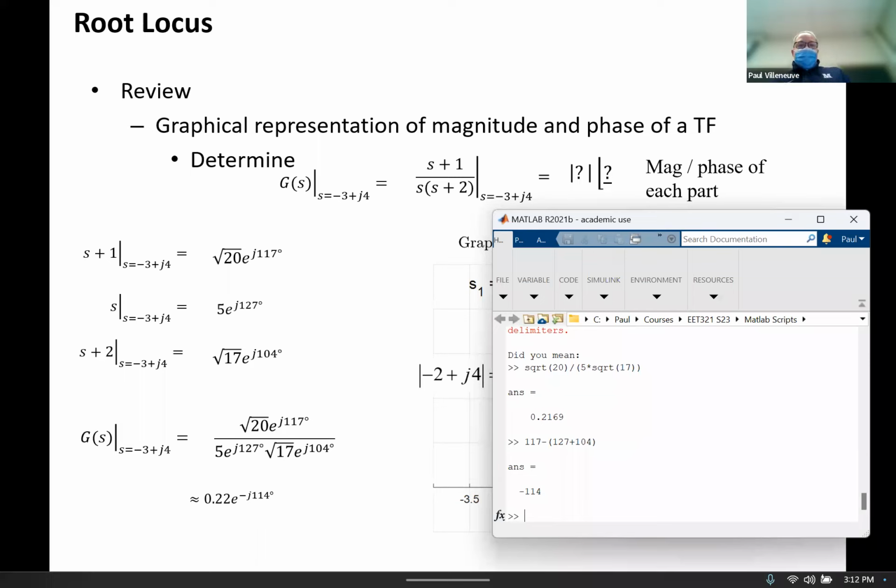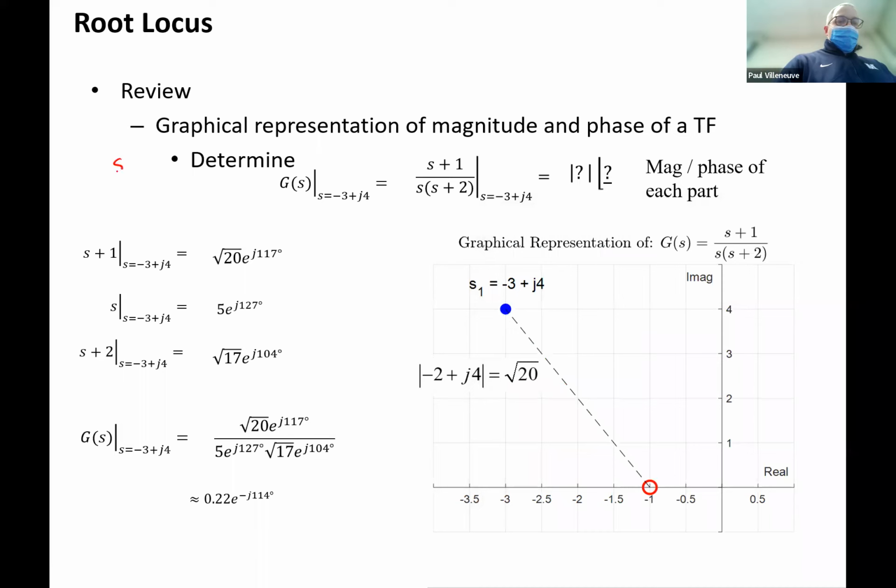So again, this is imperative to understand: how to do polar multiplication and division. My suggestion would be to spend a little bit of time plugging in a bunch of different numbers. Pick, I don't know, S over S plus 7 times S plus 5, and see if you can get the magnitude and the angle.